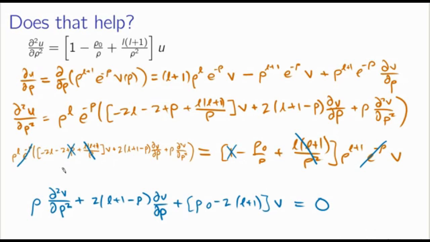Did this actually help? Well, you'll see actually that it did. The reason this is a useful thing to do is if you look at our original differential equation here, while it took a lot less time to write this than it does to write this much longer expression, we have a rho and we have a rho squared here, whereas these rhos in the denominator don't appear in our final expression.